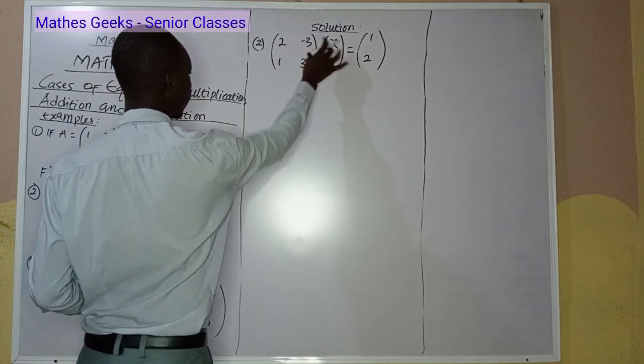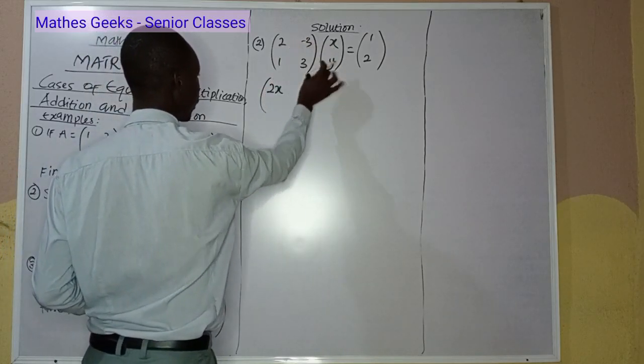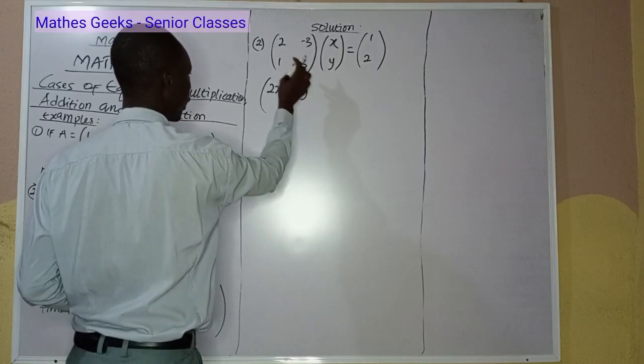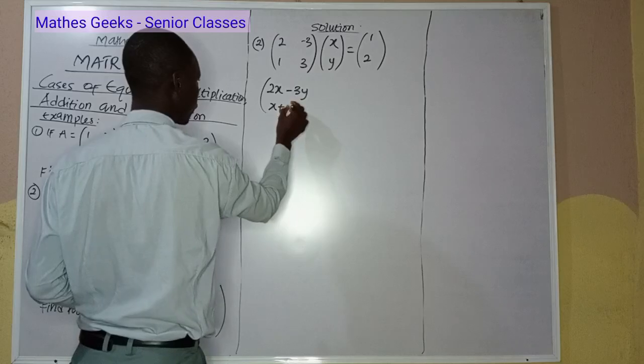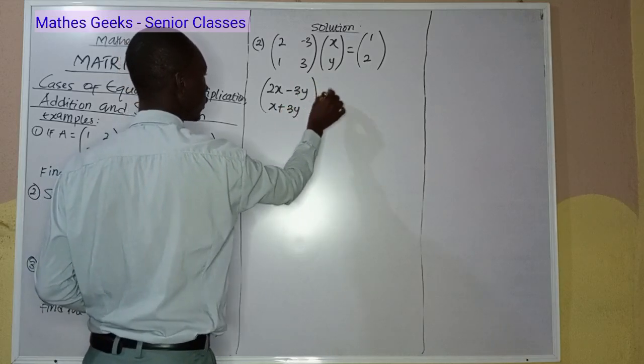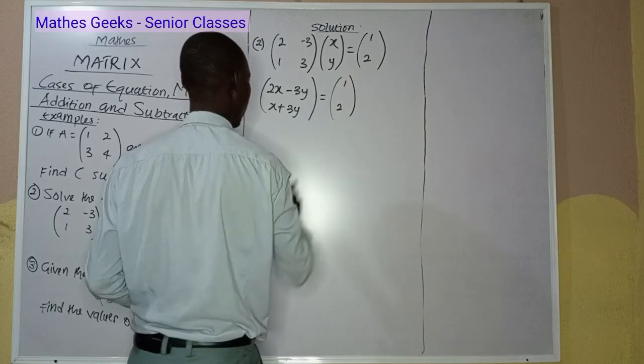The 2 times x will give us 2x, minus 3 times y, minus 3y. 1 times x, x, plus 3 times y, 3y. This is equals to 1 and 2.